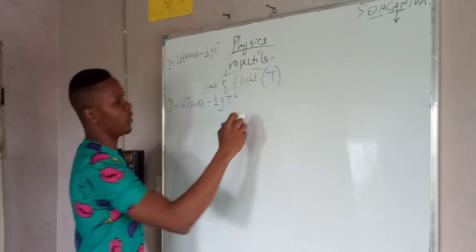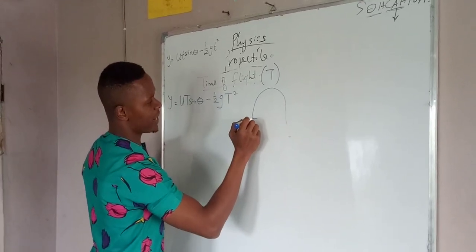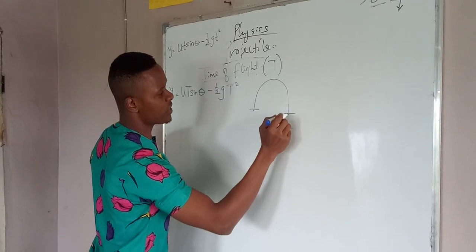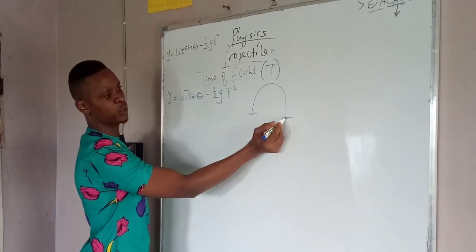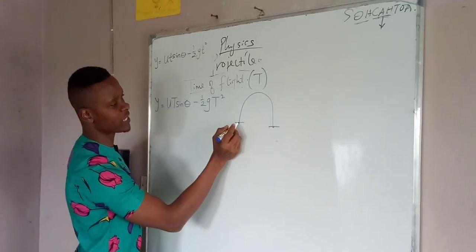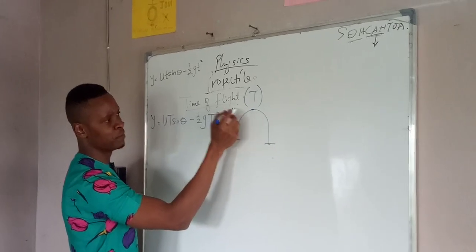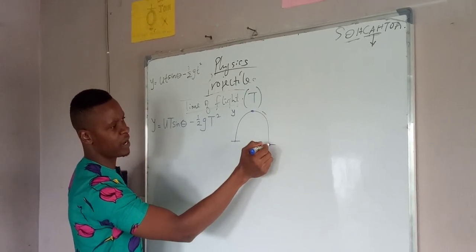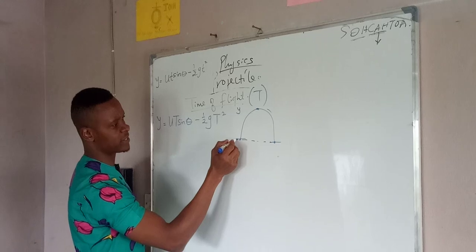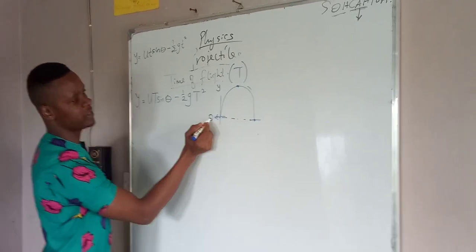But if you recall from here, y becomes 0 as the projectile drops at this point. The moment the projectile moves from here, gets to the maximum height where y is maximum, and then comes down, here y is 0, because if you extend y to this point, it is the 0 point. So y is 0 here.